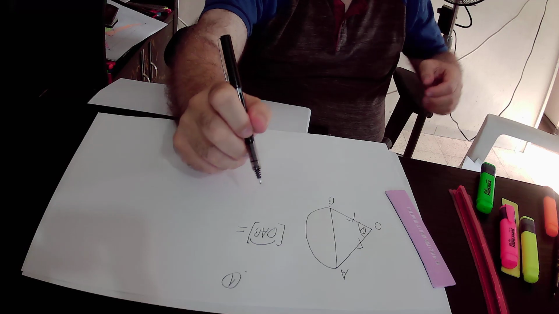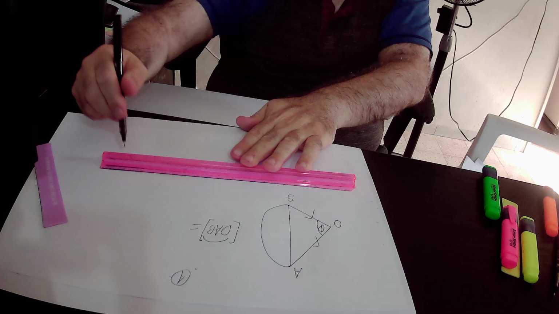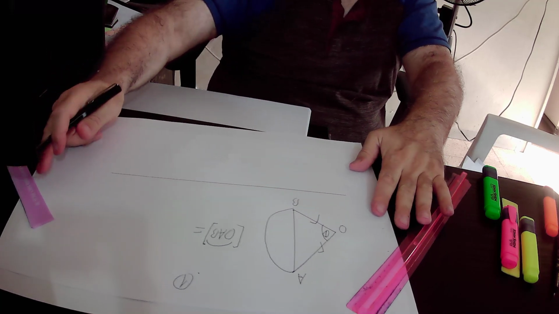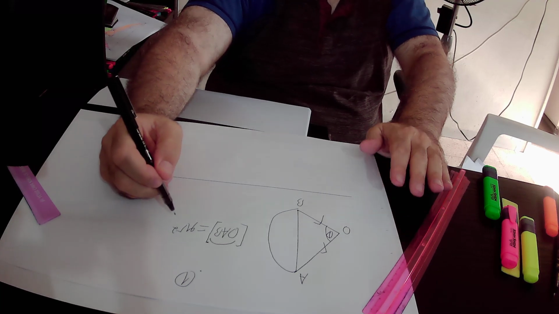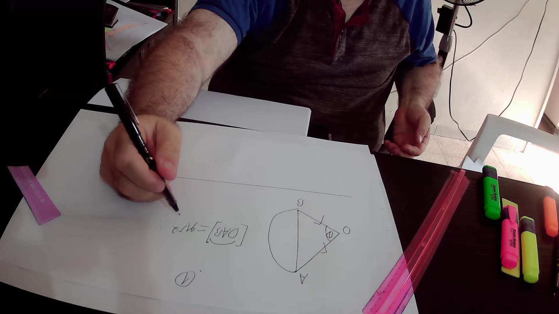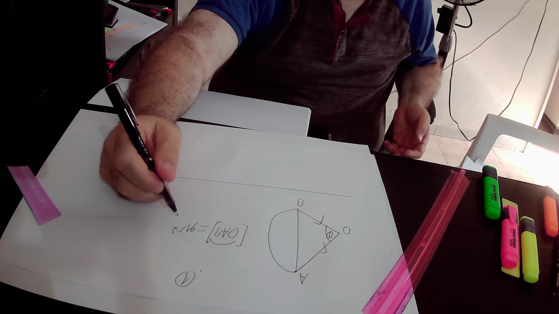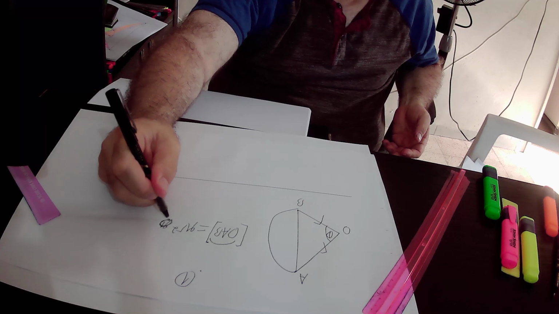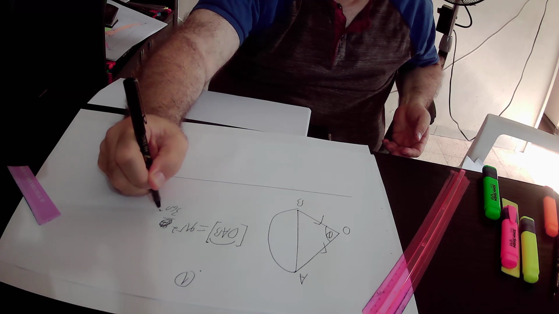The area of this sector, sector OAB, is equal to pi r squared, that is the radius of the circle or semicircle that contains the sector, times theta over 360 degrees.